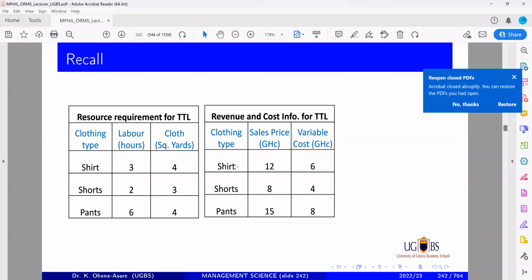You can tell me, and why? What are we multiplying these labor and cloth with? Are they being multiplied by the X's, or by the Y's?